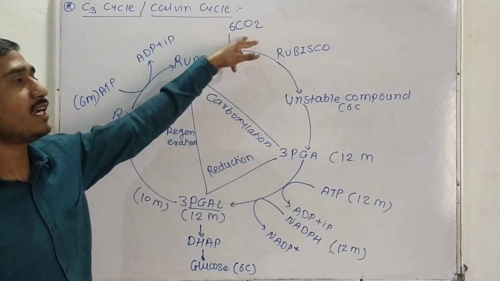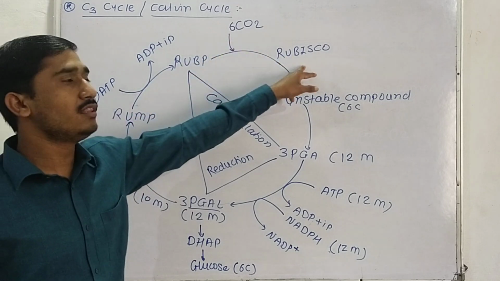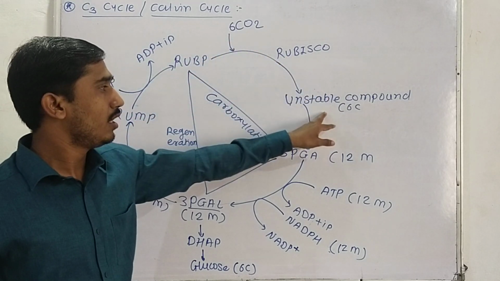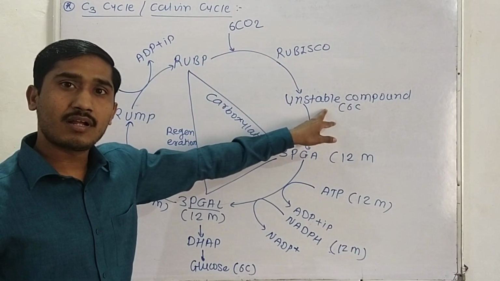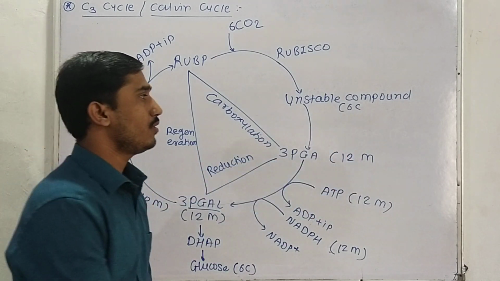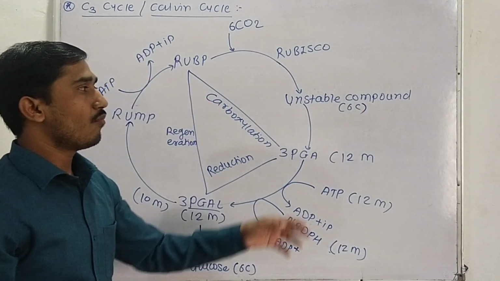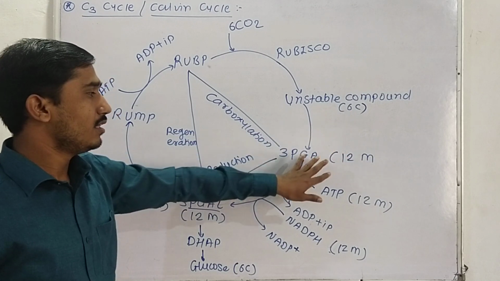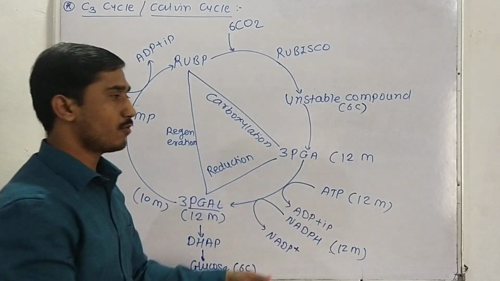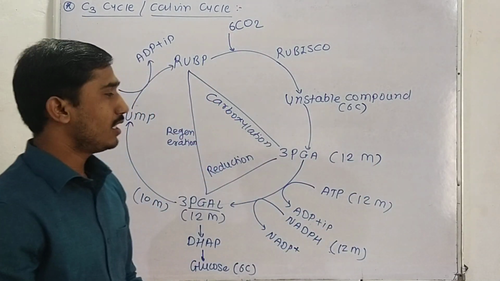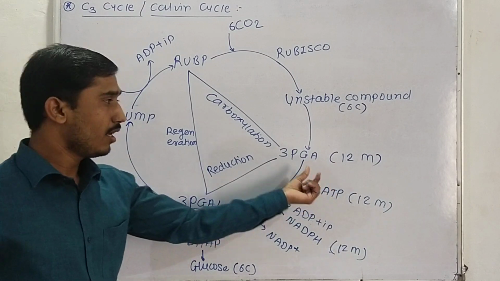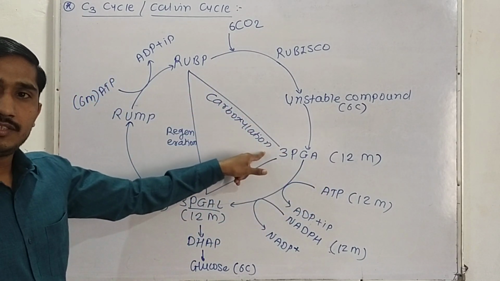So RuBP reacts with CO2. In the presence of the enzyme Rubisco, it produces an unstable 6 carbon compound. Then from this unstable compound, there is a formation of the first stable product of the Calvin cycle, that is PGA. This step is called carboxylation.